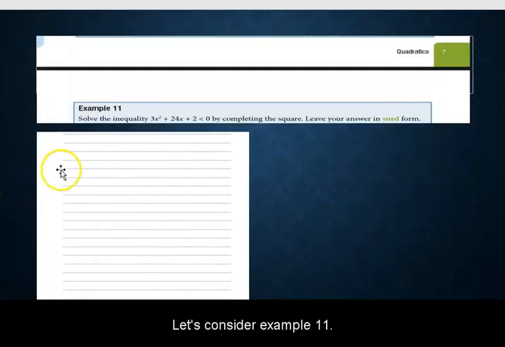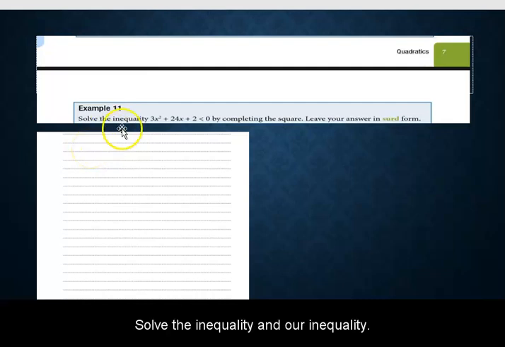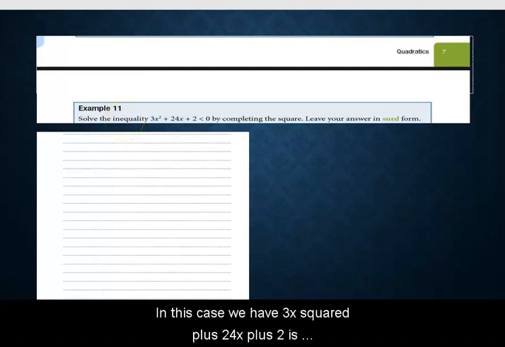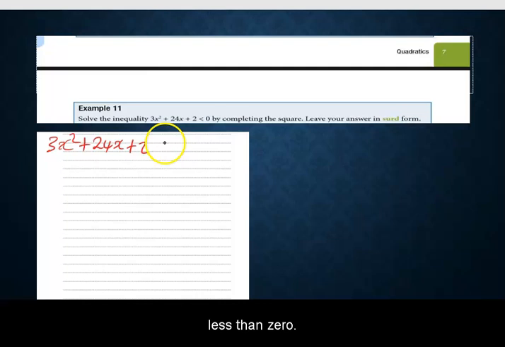Let's consider example 11. Solve the inequality, and our inequality in this case, we have 3x squared plus 24x plus 2 is less than 0.